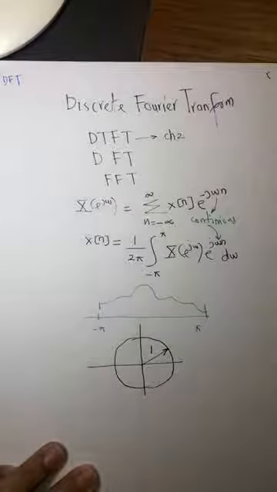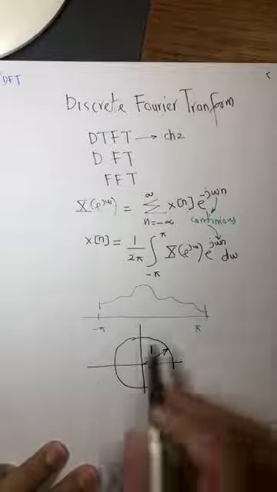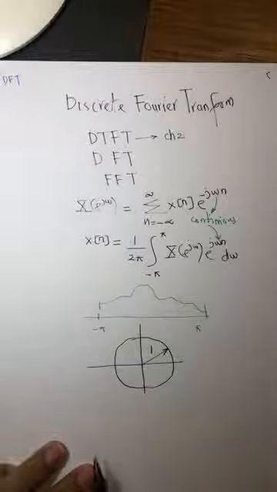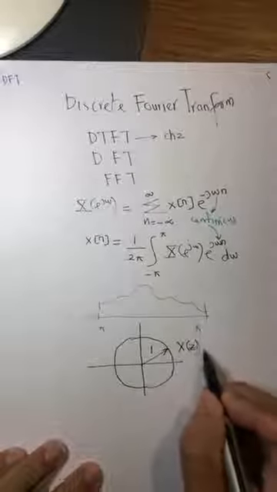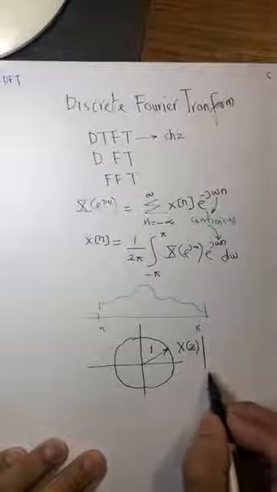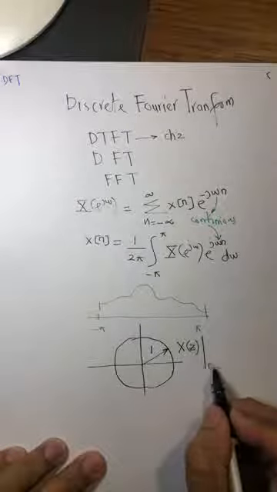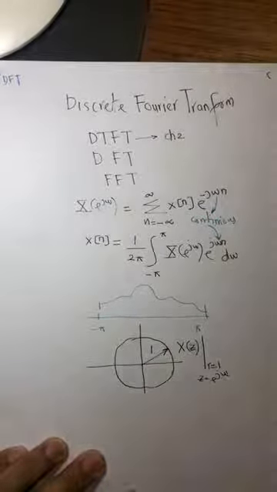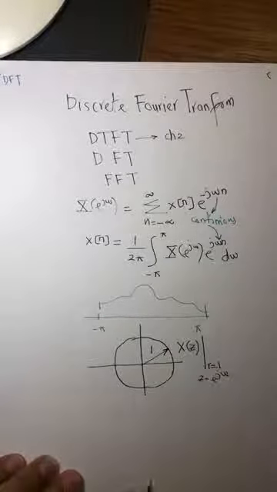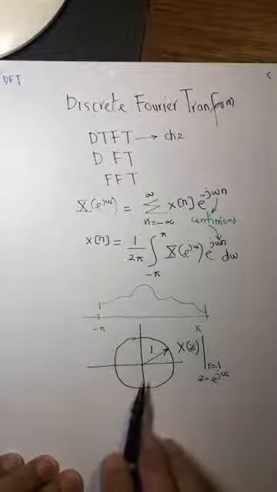So this is a unit circle. The Fourier transform is the Z transform X of z for r equal to 1, z equal to e^{jω}.